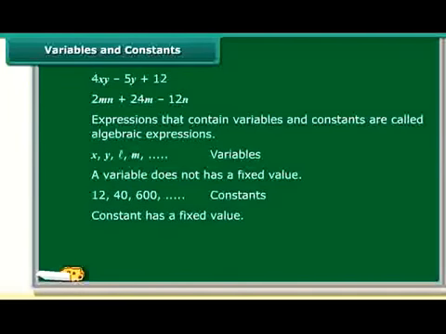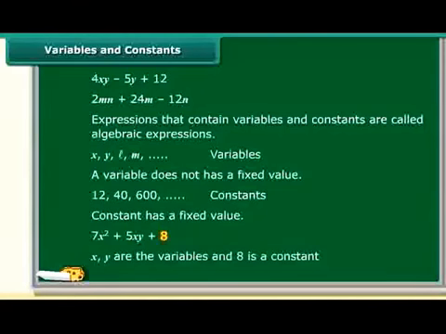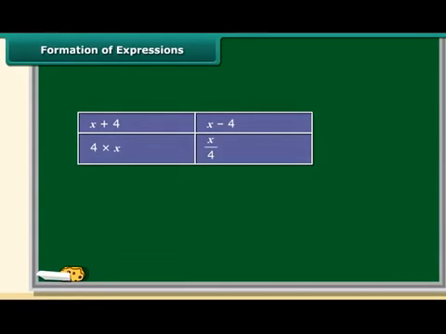So in the expression 7x squared plus 5xy plus 8, x and y are the variables and 8 is a constant. Algebraic expressions are formed by combining variables and constants with the help of addition, subtraction, multiplication, and division.